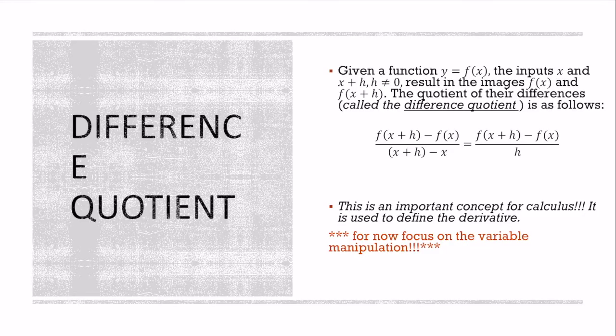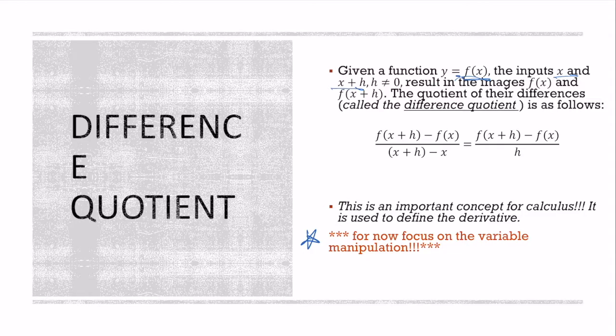Now, the difference quotient is something that's primarily used in calculus, right? For now, what I want you to do is focus on it for variable manipulation. So if I'm given a function and I have the outputs of my function, f of x and f of x plus h, as long as h doesn't equal 0, right? Because then x plus h would be equal to x.